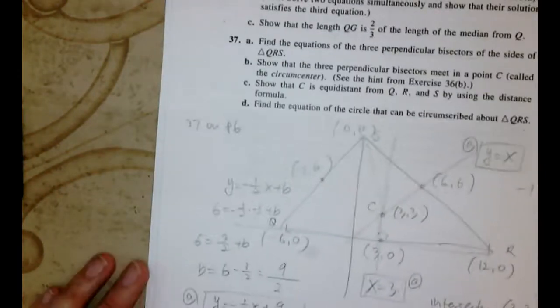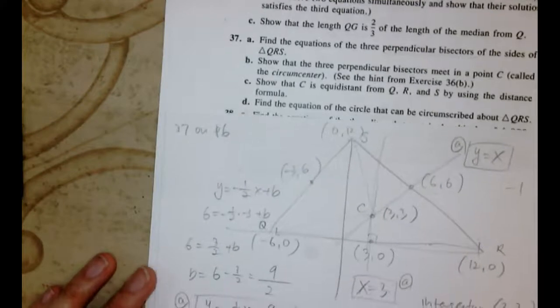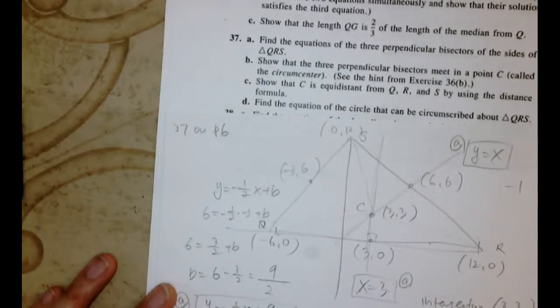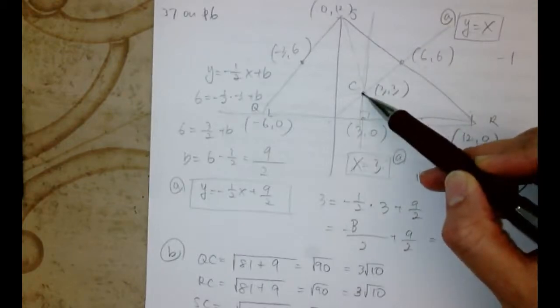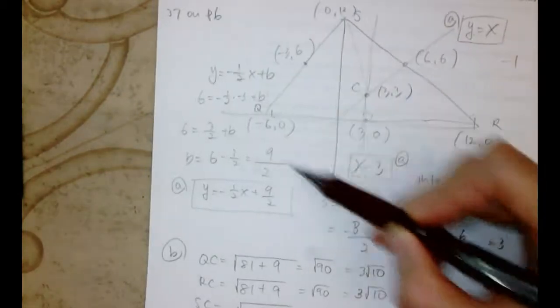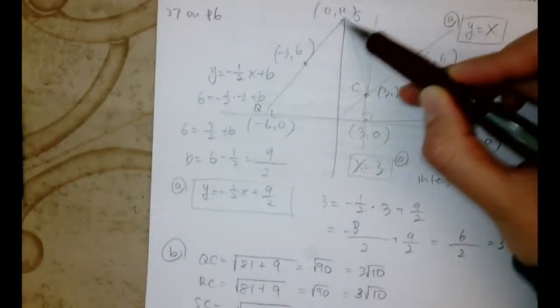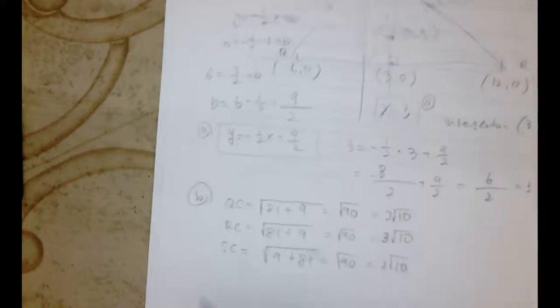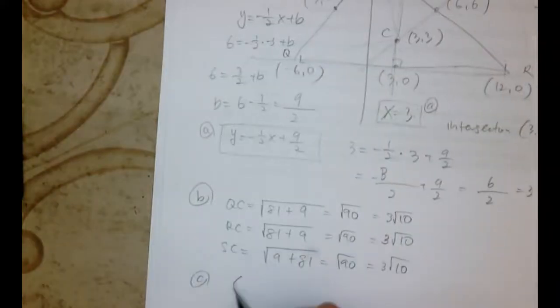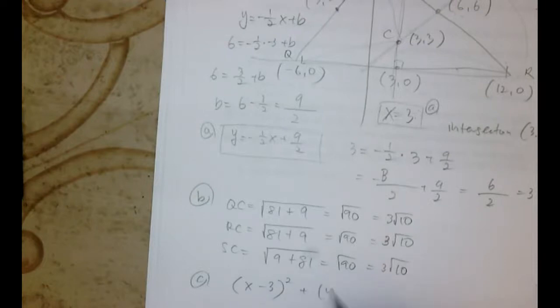Okay, and then what else do we have to do? Find the equation of the circle that can be circumscribed. Okay, so since C is equidistant from these points, a circumscribed circle is going to go through these 3 points, right? So this is the center of the circle. So the equation is going to have (x minus 3) squared plus (y minus 3) squared.